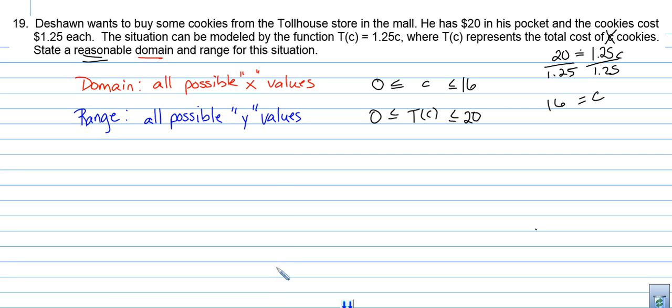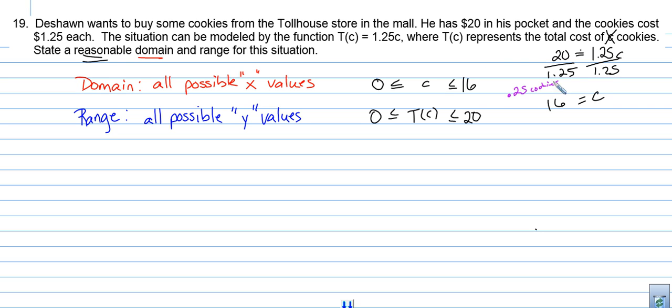Now, sometimes they could get really specific on how they want you to talk about the domain and range. Okay? So, for example, when you're talking about cookies that he's buying, this technically says every number between 0 and 16. But can you technically purchase every option between 0 and 16? No, because you can't purchase 0.25 cookies. That doesn't make sense, right? You can't purchase a quarter of a cookie. They won't let you do that.